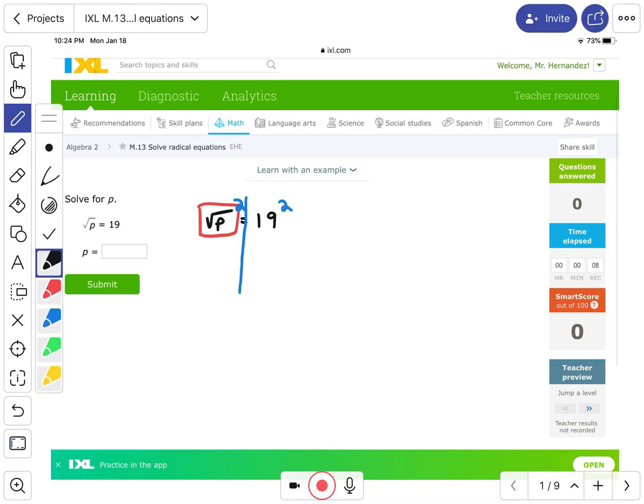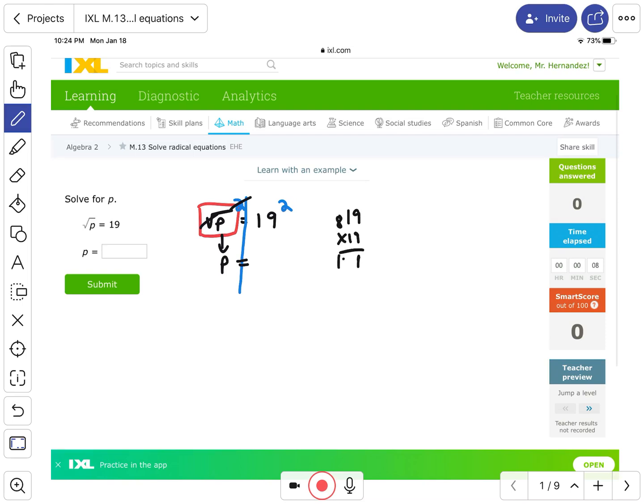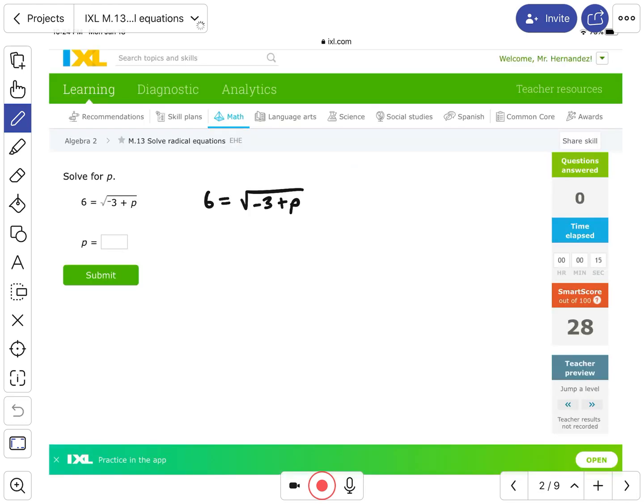And whatever you do to one side, you do the other. And so that, of course, will get rid of both of those, and you're left with the variable or whatever is underneath. And so let's see, 19 squared, okay, 361. So that's just a big number, but all right.